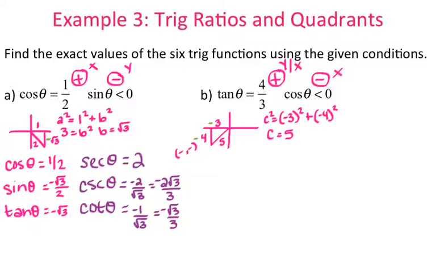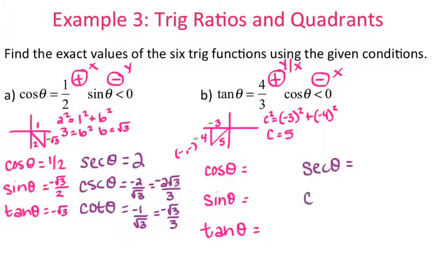Now for my trig functions, I'm trying to find cosine, sine, and tangent. Once I have those three, I can find secant, cosecant, and cotangent. And I did give you tangent to start, so I already know tangent is 4/3, which means that cotangent is 3/4.